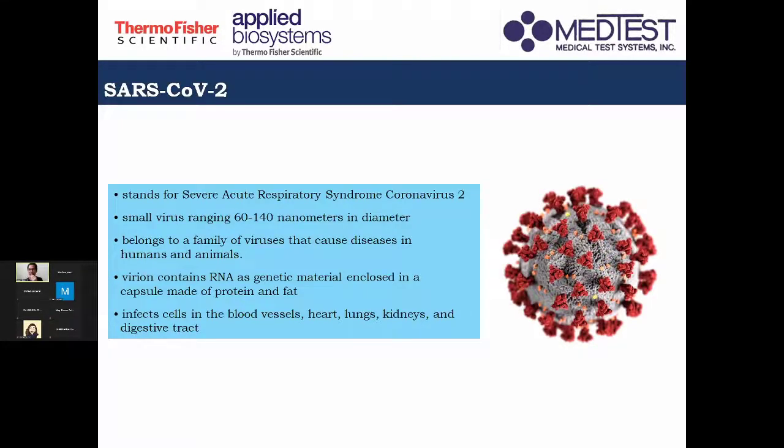So the target of this virus, when it gets to its host, it infects mainly all of the cells in the epithelial system. So like we have the tracts, the blood vessels, it also infects heart, lungs, and kidneys.